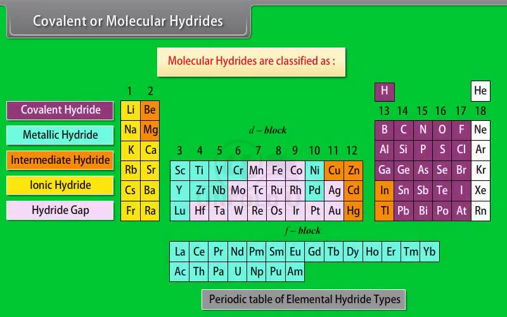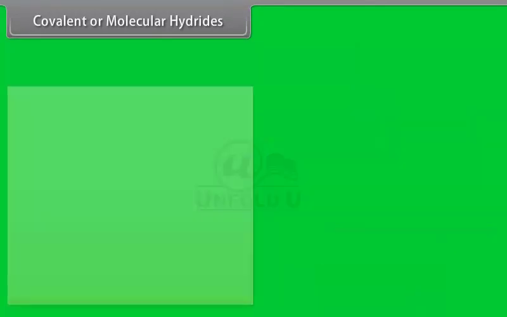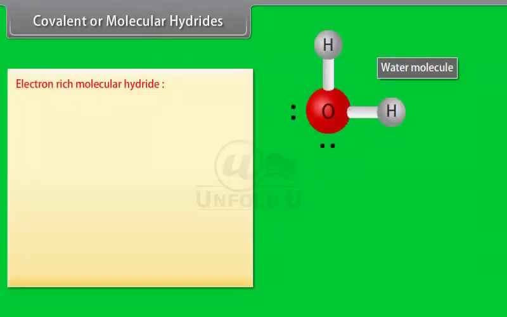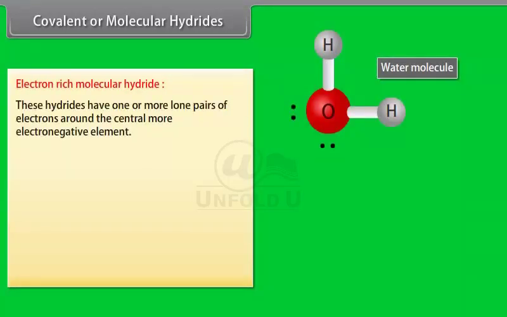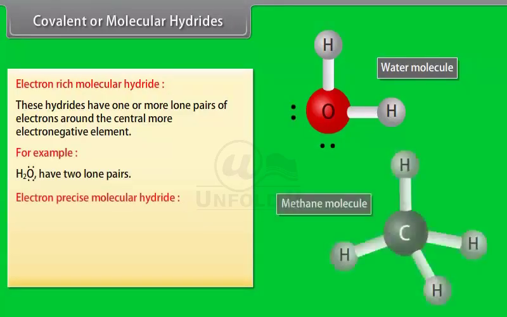Molecular hydrides are classified as electron-rich molecular hydrides. These hydrides have one or more lone pairs of electrons around the central more electronegative element. For example, water has 2 lone pairs. Electron-precise molecular hydrides.